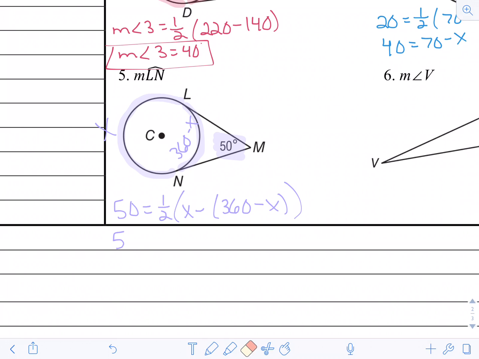I'm going to actually do 2 steps in one. I'm going to multiply both sides by 2 to get rid of the 1/2. So there's 100. Then I'm going to distribute that negative, so we'll have x minus 360 plus x. I'm going to add 360 to the 100 to get 460, and combine those two x's to get 2x.